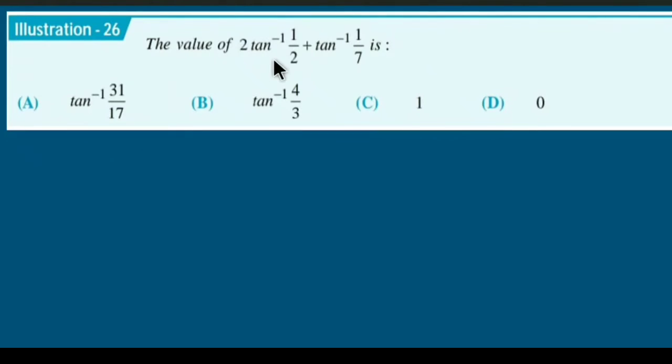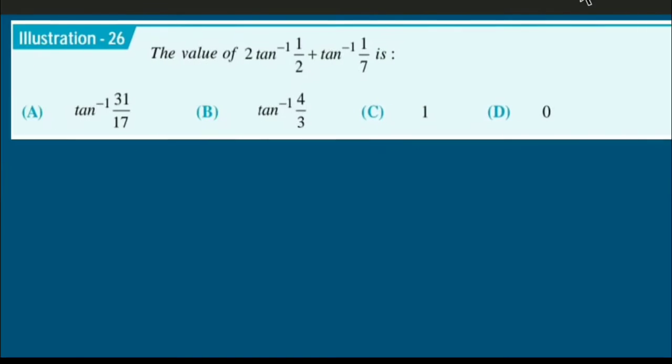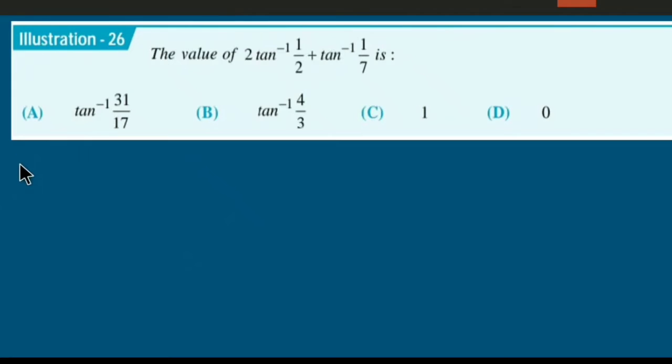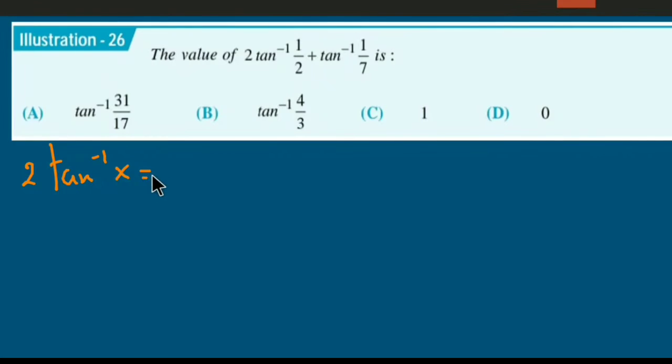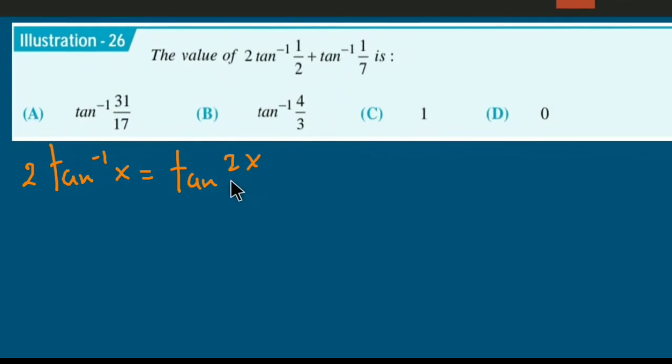Let's start to solve this, how to tackle this one. Better apply the 2 tan inverse x formula. What is 2 tan inverse x? 2 tan inverse x can be written as tan inverse, analogous to tan 2 theta, 2x upon 1 minus x square.